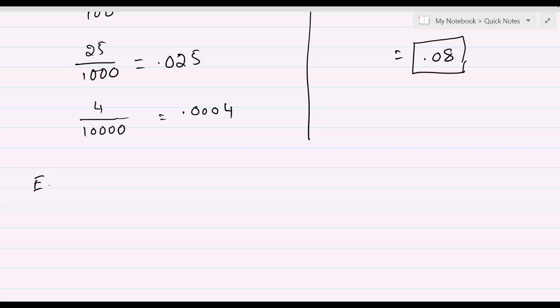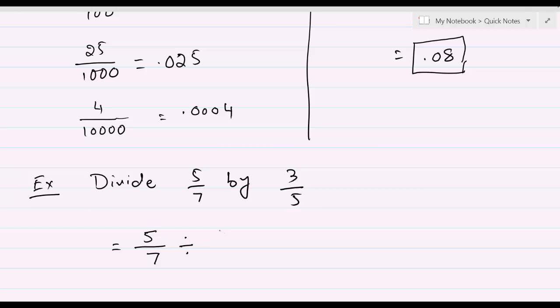But let's take the example: divide 5 over 7 by 3 over 5. Just like before, if we want to write its equivalent mathematical fraction, that would be 5 over 7 divided by 3 over 5.